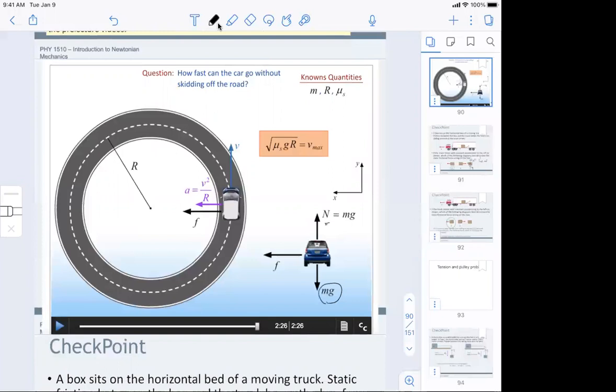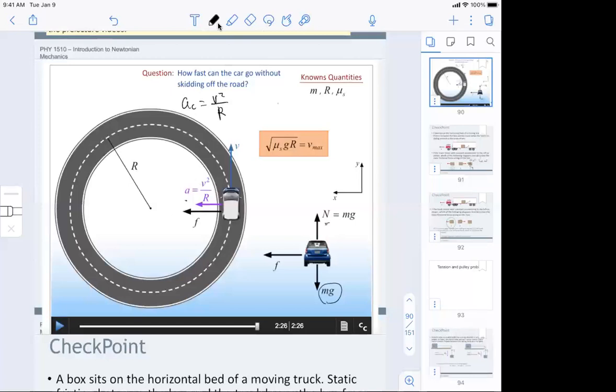And because the car is going in a circle, you must have a force pointing toward the center that provides this acceleration, called centripetal acceleration, right? Centripetal acceleration is velocity squared over the radius of your circle. So there must be a force to provide that acceleration.